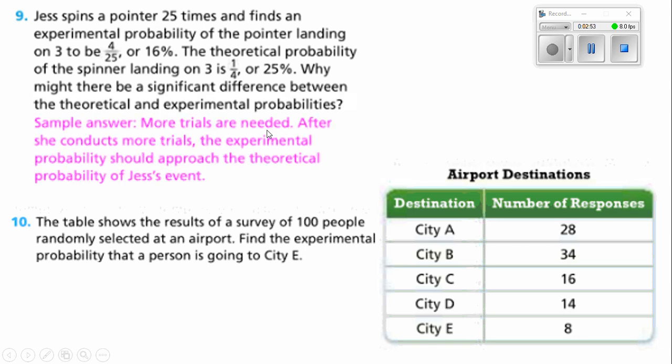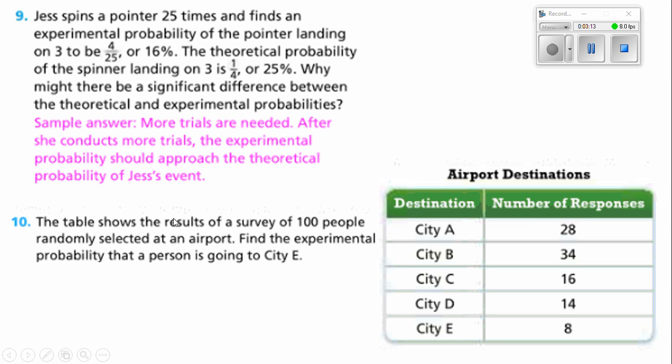Well, more trials are needed. After she conducts more trials, the experimental probability should approach the theoretical probability of Jess's event. In other words, the more times she does it, the closer she's going to come to that 25%.